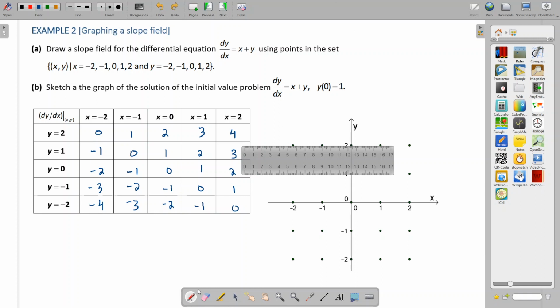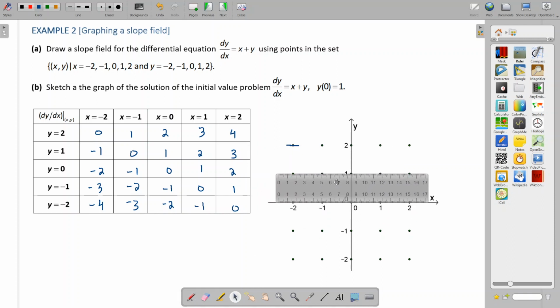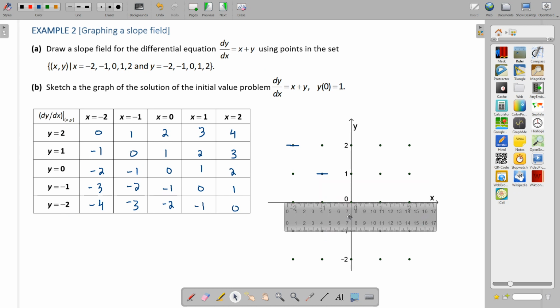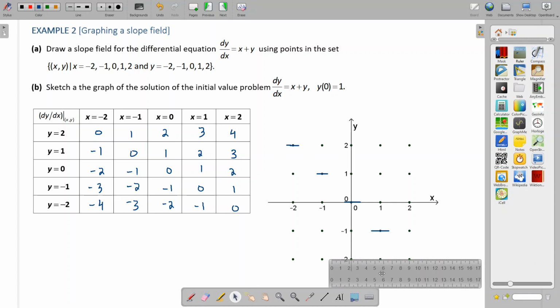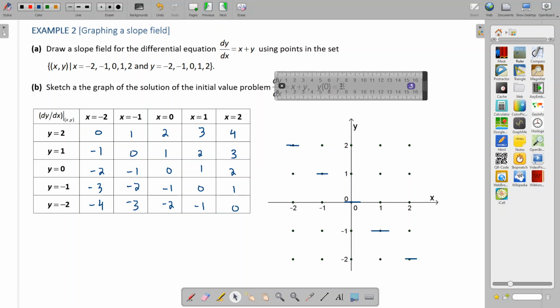So undo that, try again. Okay, so we've got each of those horizontals in.